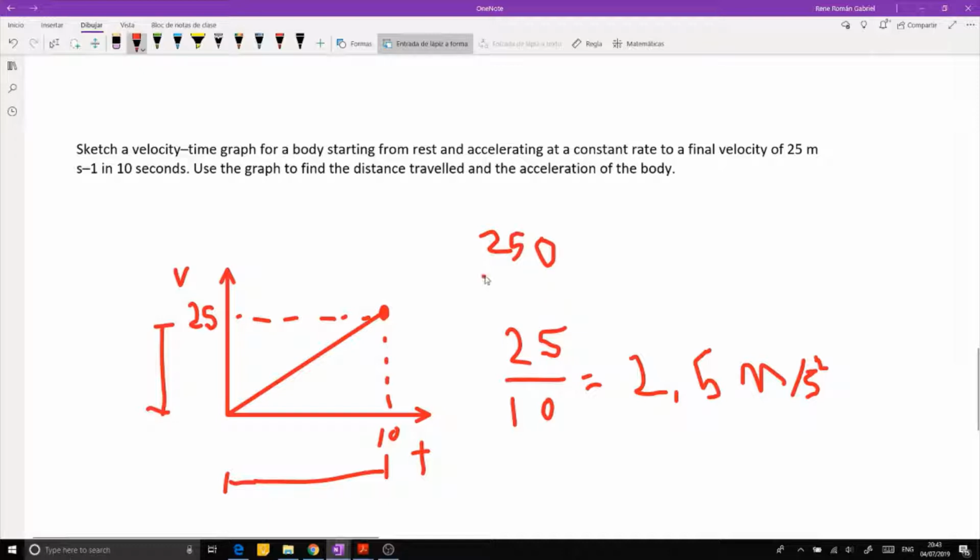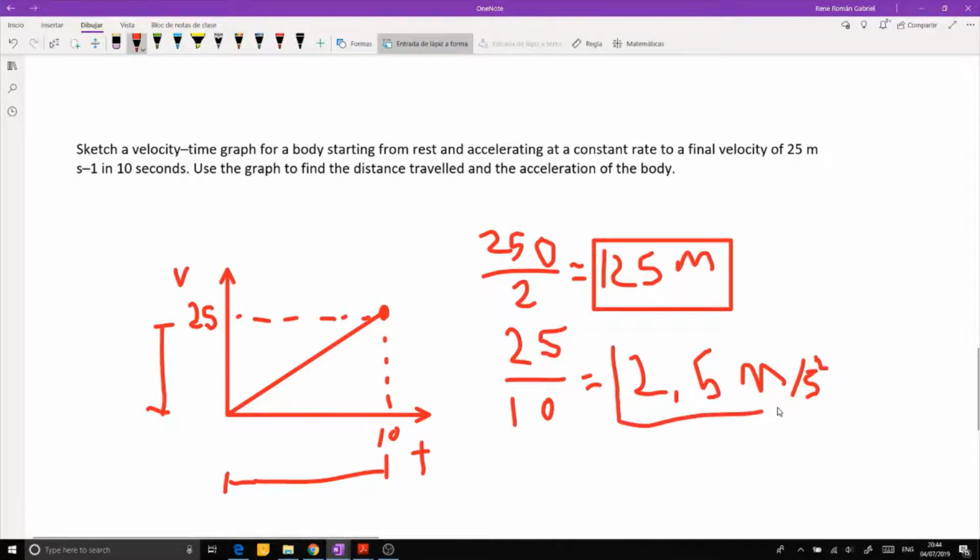And this we divide by 2, and that would give us 125. And so that would be 125 meters. And so here we would have the distance, and here we would have the acceleration.